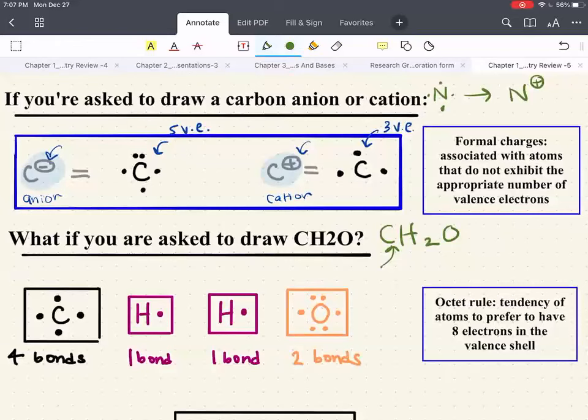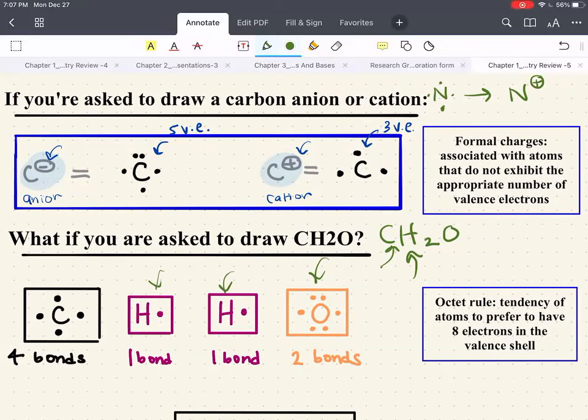We have 2 hydrogens, and remember, hydrogen has 1 valence electron. And we have an oxygen, and oxygen has 6 valence electrons. Now we have drawn each atom individually with its valence electrons.